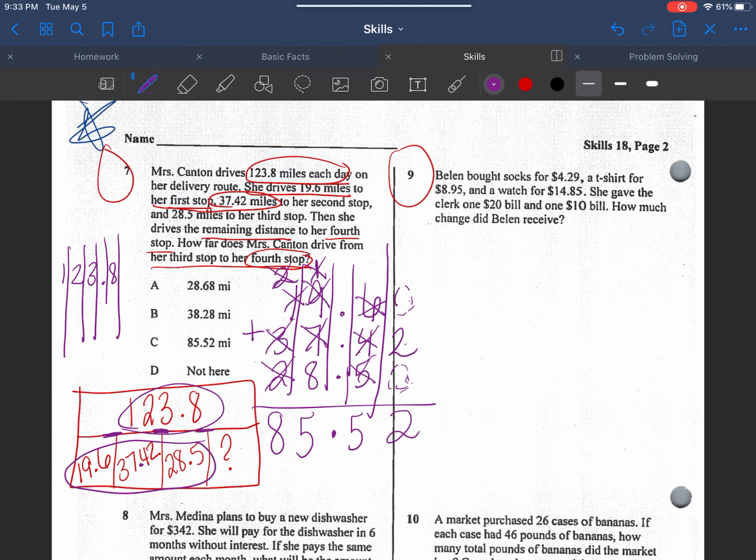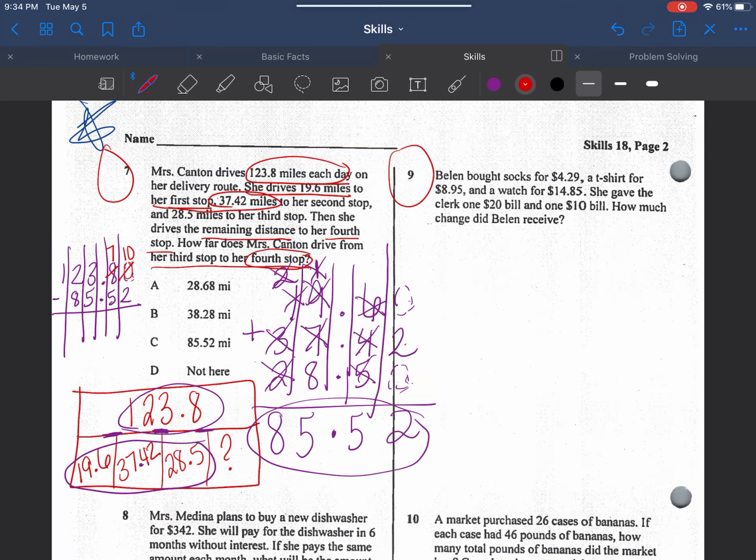So to do that, I need to take my total and I need to subtract all of my parts, which is 85.52. There's nothing here, so I'm going to put a 0.